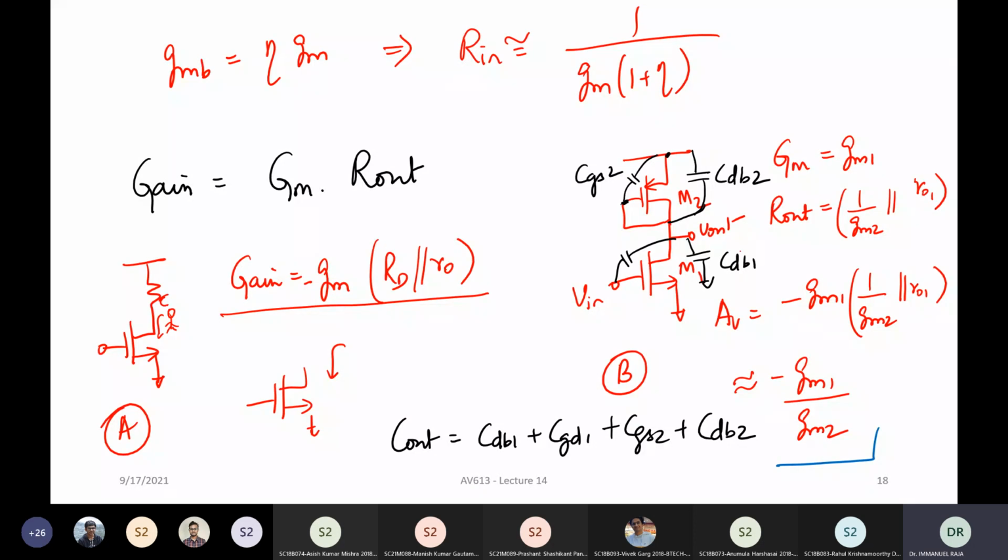In other words, you have a fixed GM1, which is constant for all the different types of common source amplifiers, but this R out is actually low. If you look at a diode connected transistor, you're limited by 1 over GM, right? And your 1 over GM limits your R out. So for example, if you have 1 millisiemens as your GM2, you have 1 kilo ohm as your output impedance. Now, sometimes, especially in the older technologies, when you are doing analog design, you will have some 3-4 millisiemens of GM.